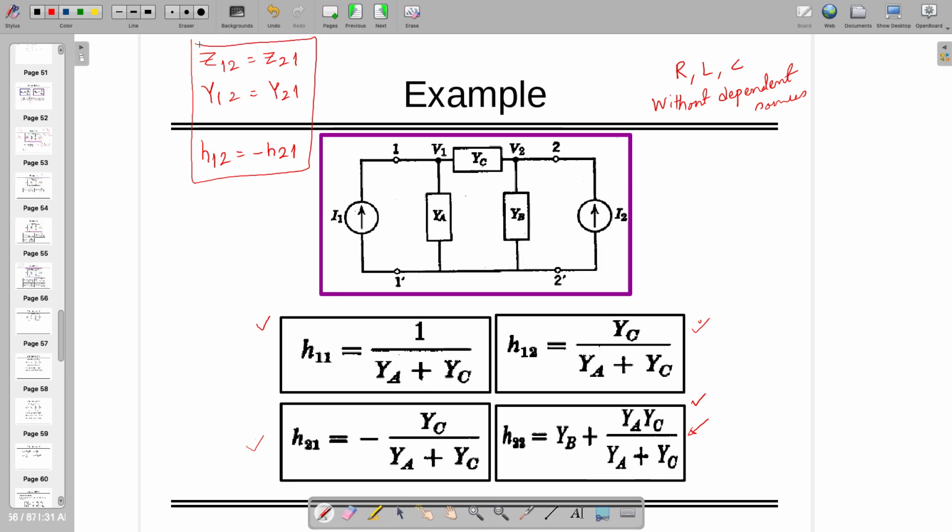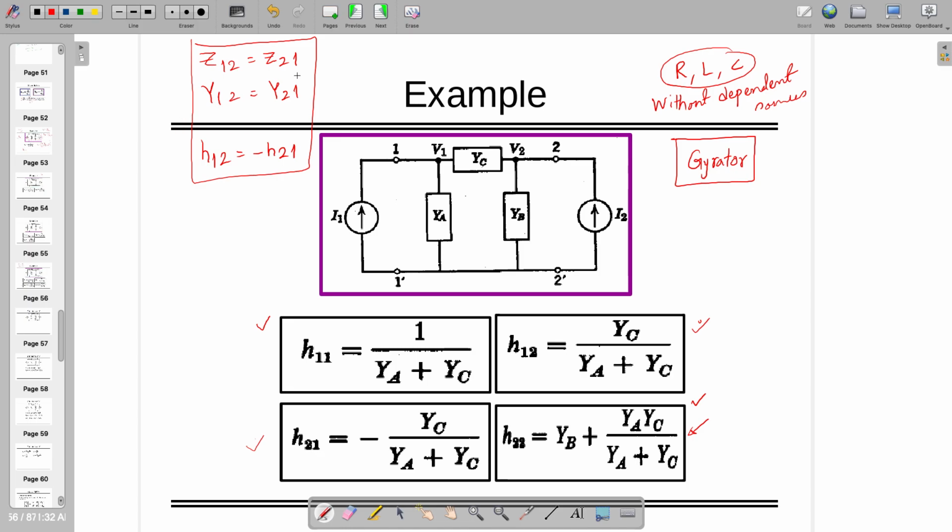If there is no dependent source, all independent sources with only RLC, but there is one more extra circuit which is known as the gyrator. We are going to define it before completing this chapter. So the gyrator is also one of the popular circuits, similar to what you have studied in the transformer. If it is there, then this is not happening. Otherwise, for all RLC circuits, this follows these notations, right?